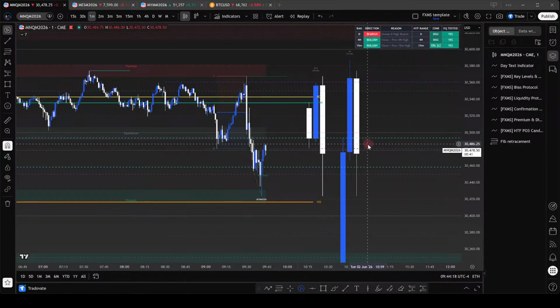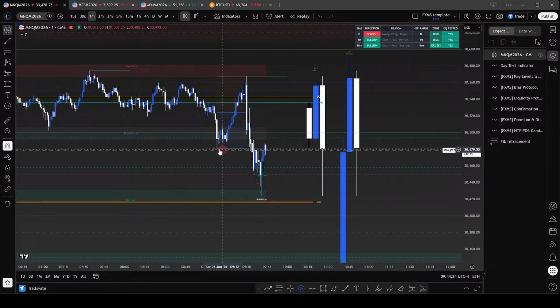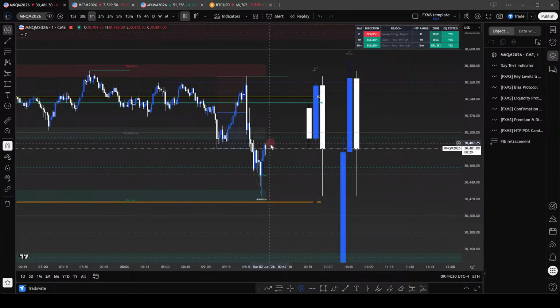Okay, this is the last minute, 40 seconds to go. We'll see if we do get that closure below. I'd like to see a closure below the level that we broke for continuation, and then I'd like to have this as our internal high that we could sweep and come down from.